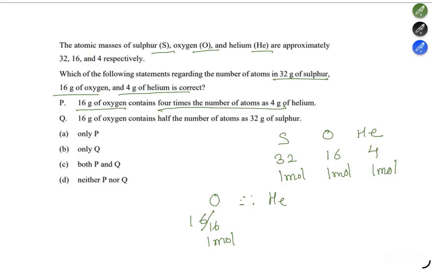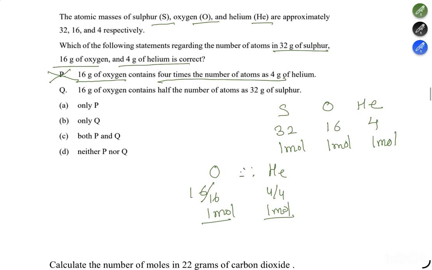Here they are comparing oxygen to helium. 16 gram of oxygen means 1 mole, and 4 gram of helium, if you see, is the same 1 mole. And we know that 1 mole of any substance contains the same number of particles. So this statement is wrong.